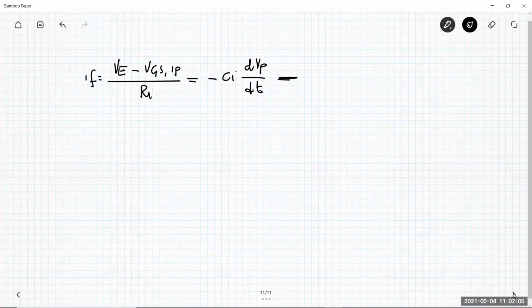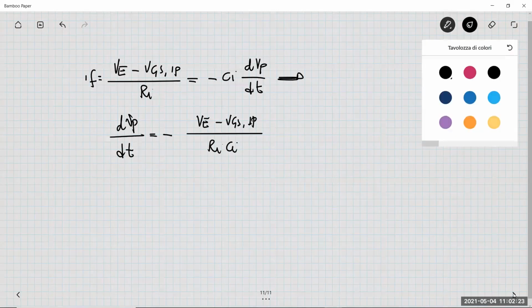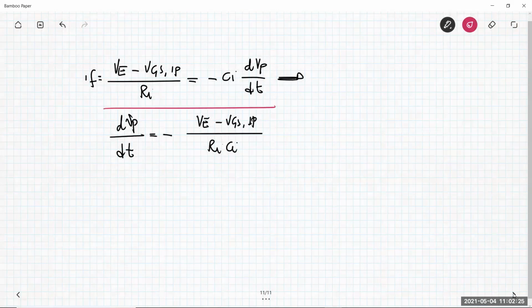From this equation, we can derive another one. We can extract the ratio dVP over dt, which is negative VE minus VGS IP over Ri CI. And this is the basic design equation. We have to design this slope to be equal to the required slope, which is 2 volt per microsecond.